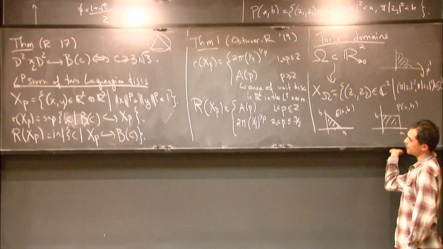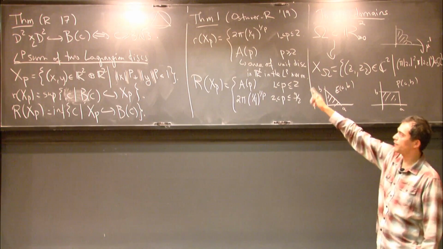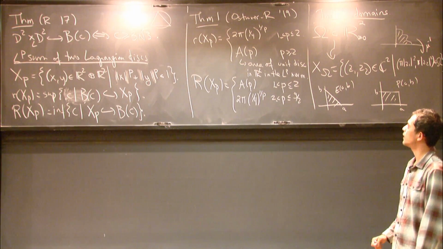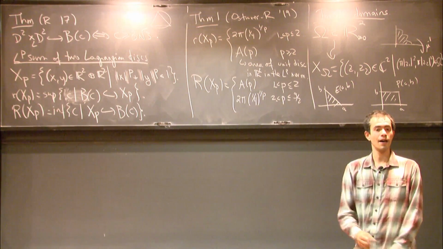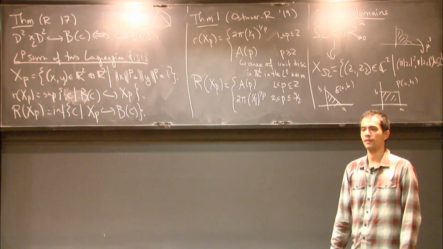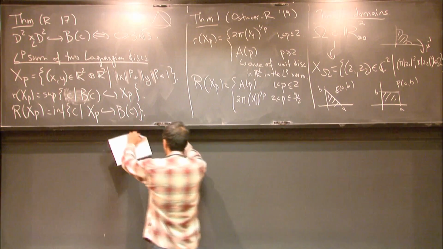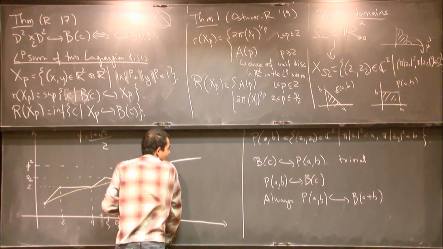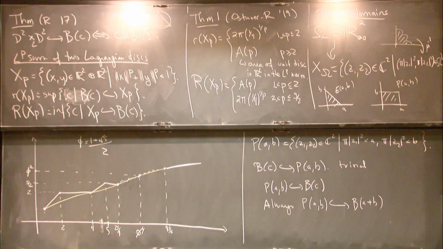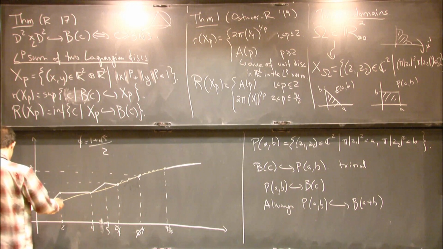The most important idea in both of these theorems is to realize that both the bidisk and these Lp sums of Lagrangian disks are secretly toric domains. They're not obviously toric domains, but if you think hard enough and use some heavy classical theorems, you can actually see that they are toric domains.